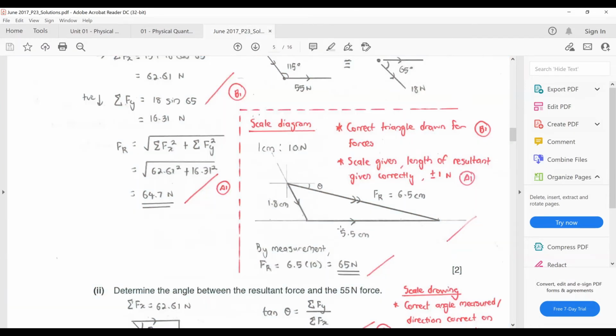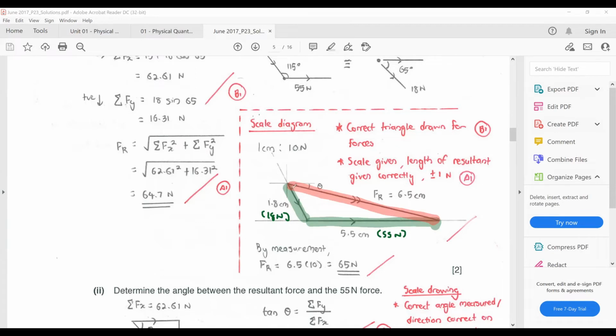The important thing is that you draw your vectors head to tail. In my case, I drew the vectors head to tail like this. This one would be my 18 Newton force, and this would be my 55 Newton force. So the gap is this line here.